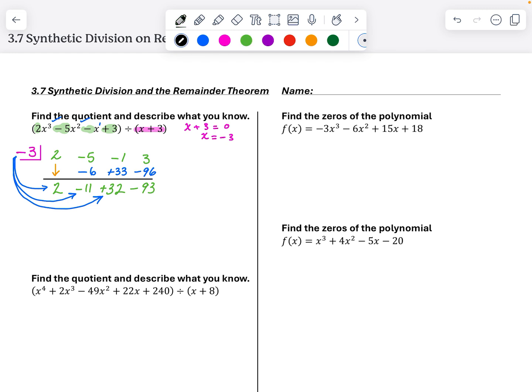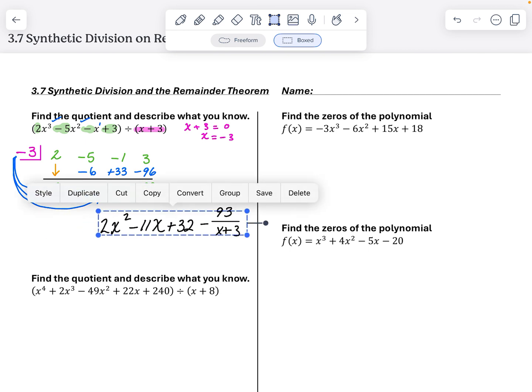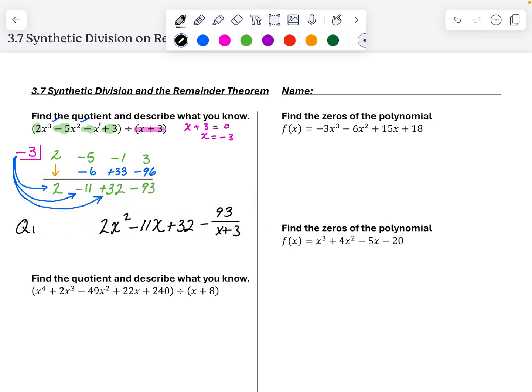So our quotient is 2x squared minus 11x plus 32 minus the fraction 93 divided by x plus 3. So that is the quotient.